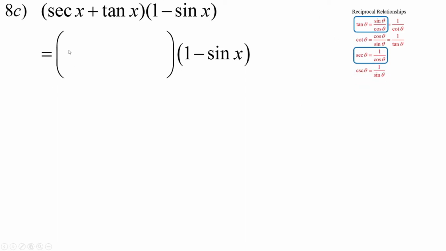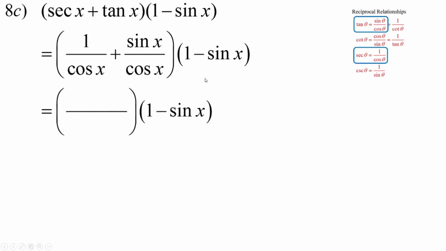So the secant becomes 1 over cosine of x, plus the tangent, instead of 1 over cotangent, let's write that as sine of x over cosine of x, because doesn't that give me a common denominator?